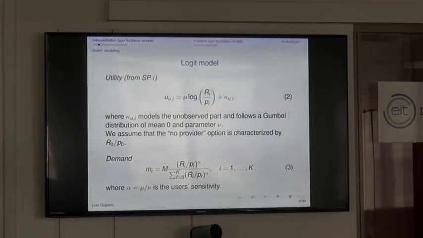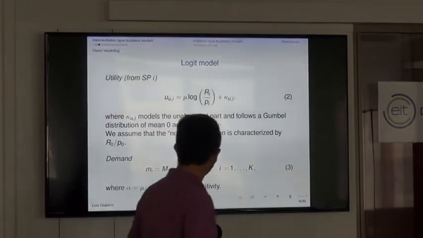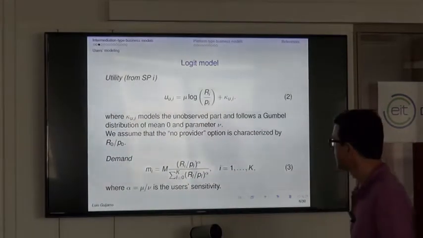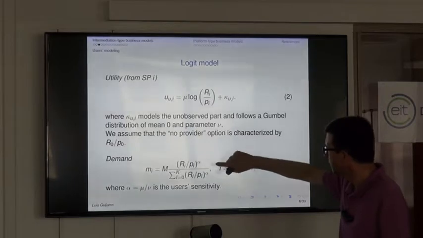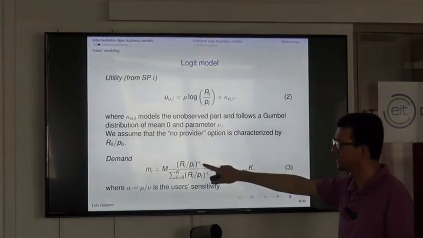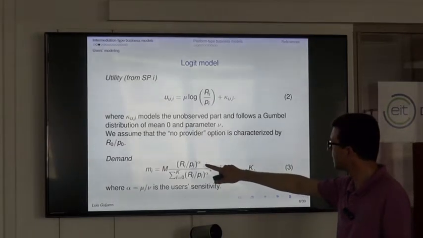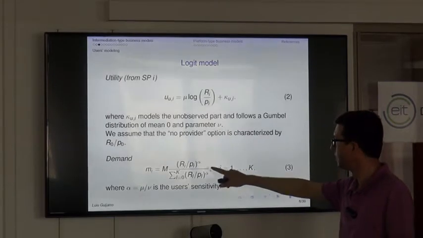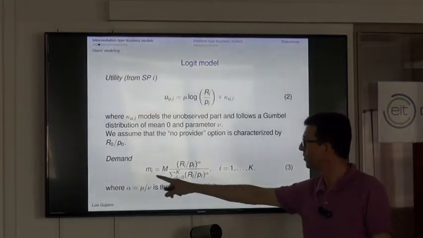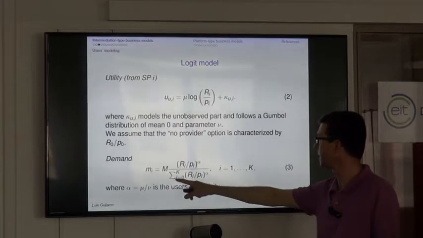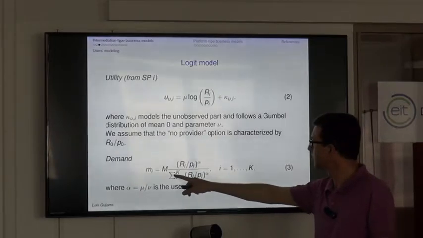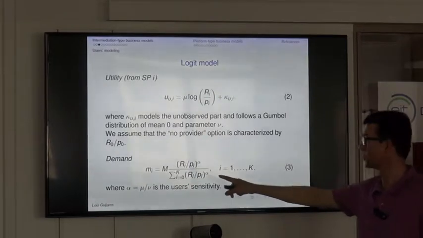It is indeed a user sensitivity because you can check that if alpha goes to 0, all users will be distributed into equal parts between the different service providers.